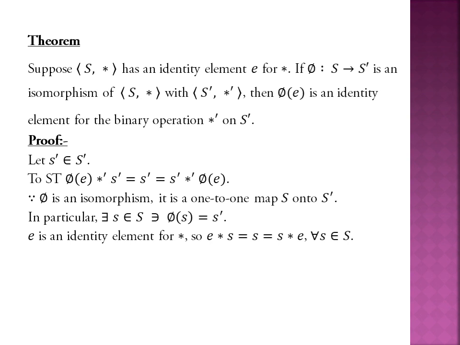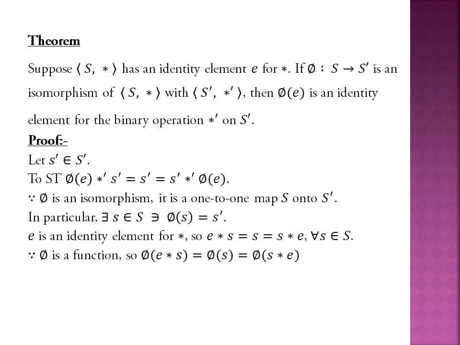Already we are given that e is an identity element for star. If e is an identity element, then it satisfies e star s equals s, which is equal to s star e, for every s belongs to S. Phi is a function, so we apply phi on the above equation.